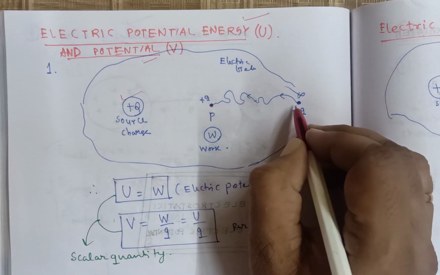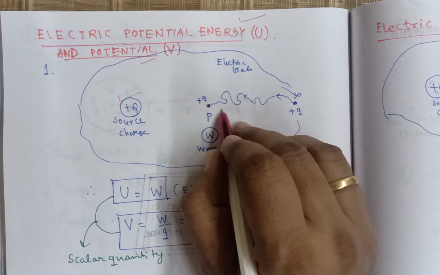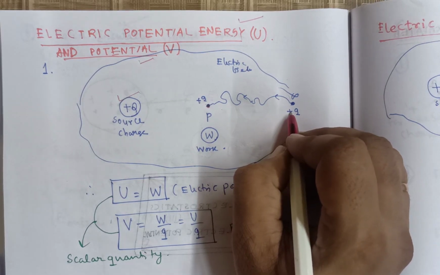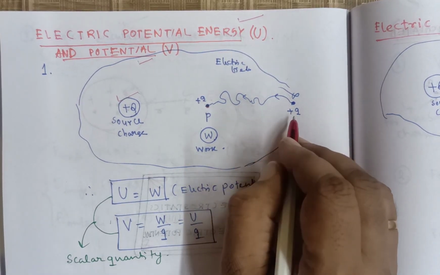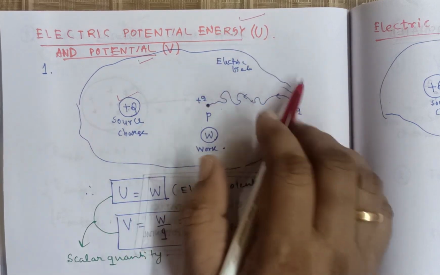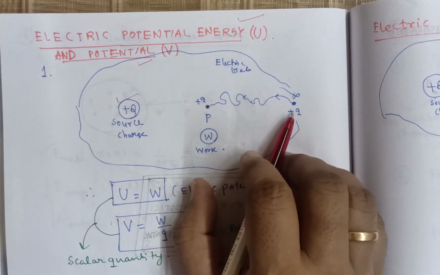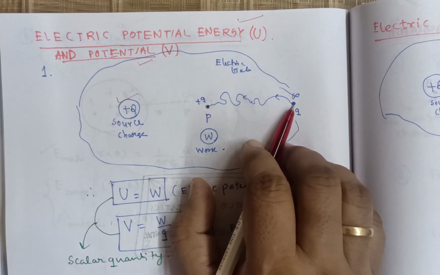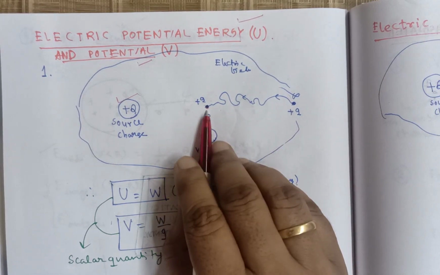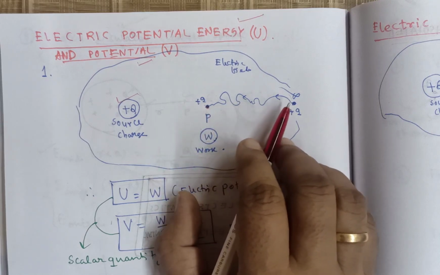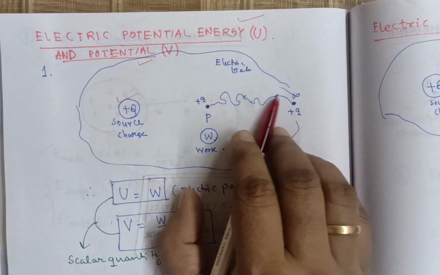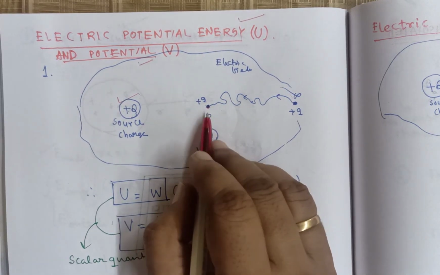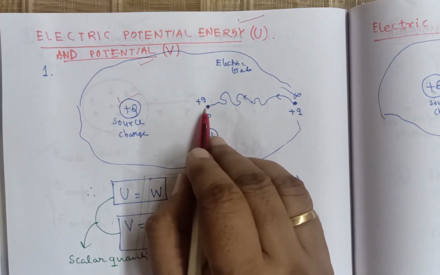When your charge moves in the field, definitely force is acting on your charge. In previous classes we know that if any charged body is kept in the electric field, there must be electrostatic force acting on it. Again you are moving your test charge from this point to this point. That means you have to do some work. What amount of work you have done, that represents the electric potential energy at this point.